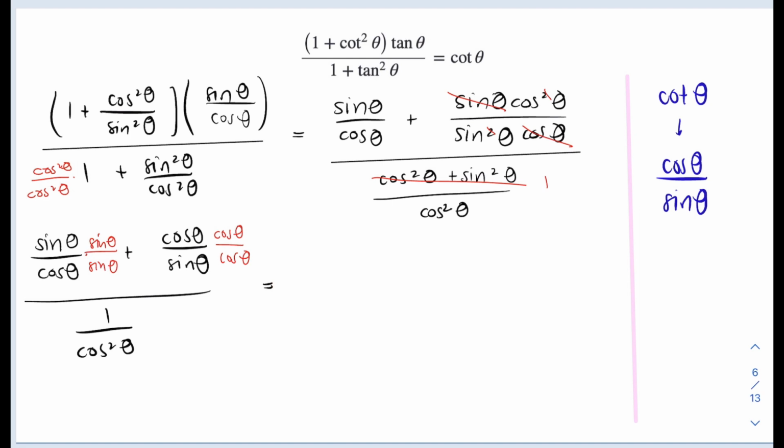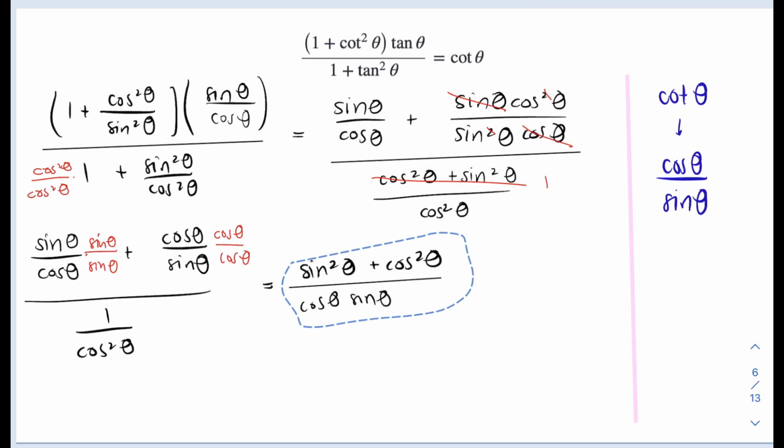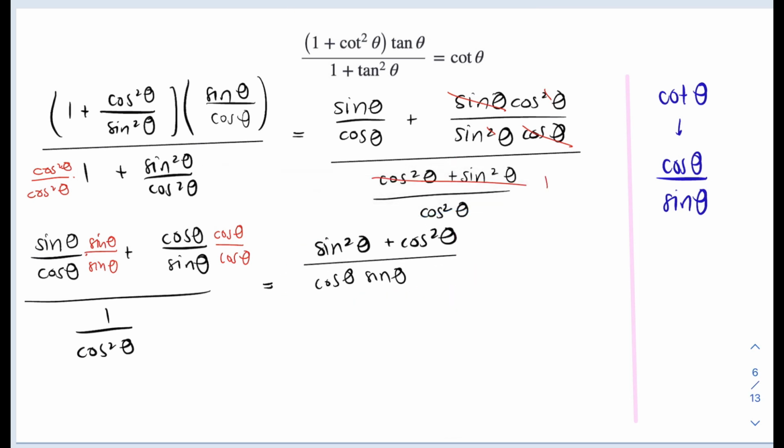That's going to give me sine squared theta plus cosine squared theta, all over cosine theta sine theta. Okay, so I just added, that's just my numerator, right? All over 1 over cosine squared theta.